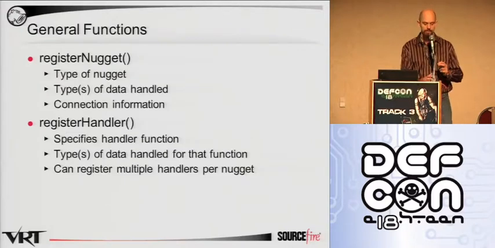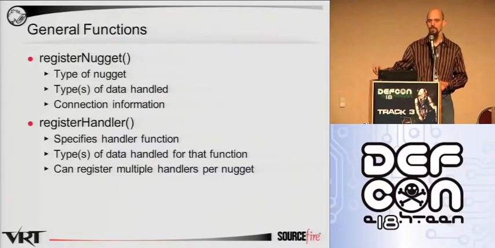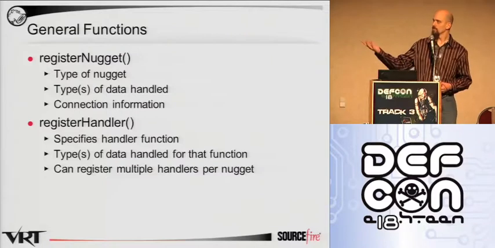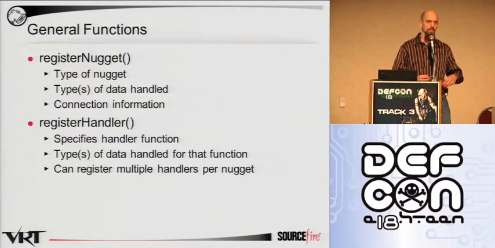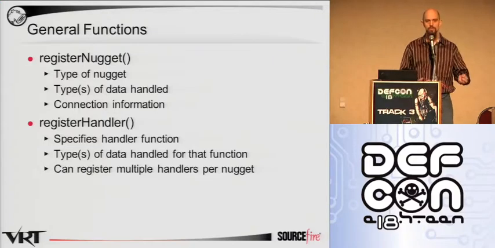So again, since nuggets are building blocks, and the whole system is designed around the idea of building blocks, where you take individual pieces that are specialized and have them work together as a whole, we have some general functions. Register nugget tells the database, hey, I'm here, this is my name, this is my UUID, and this is the kind of data that I'm either taking in or putting out.